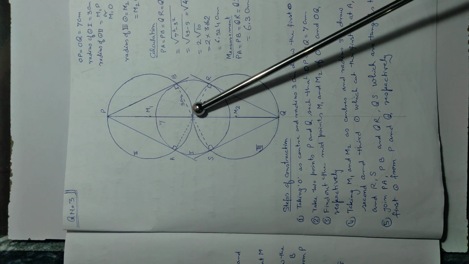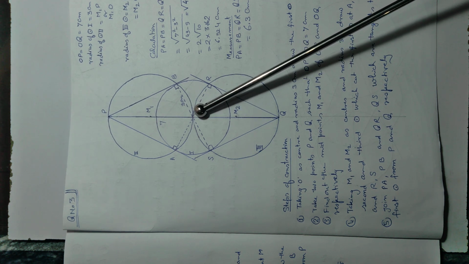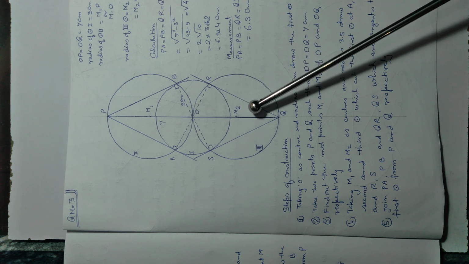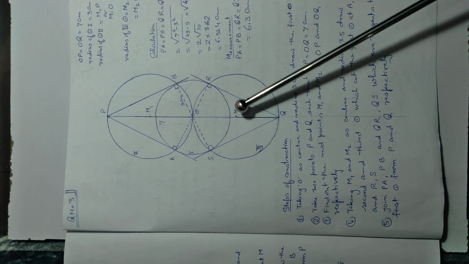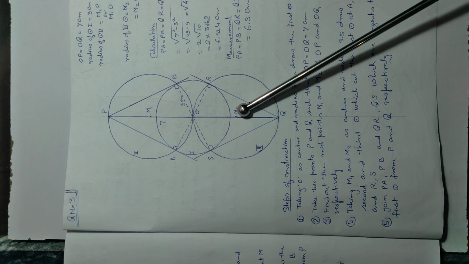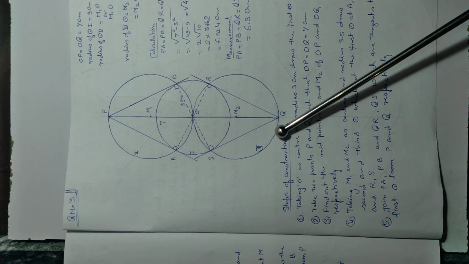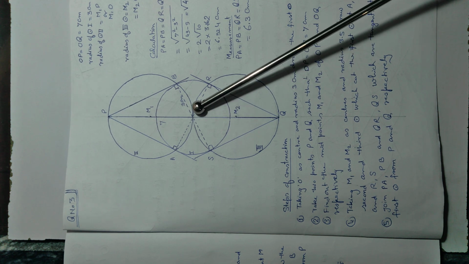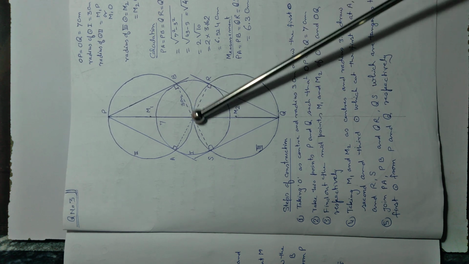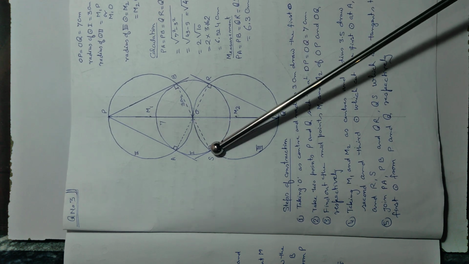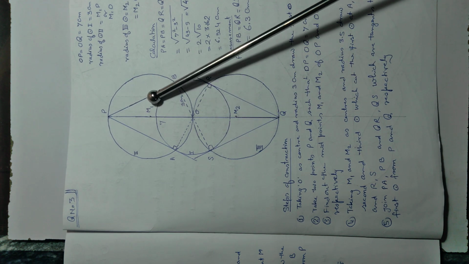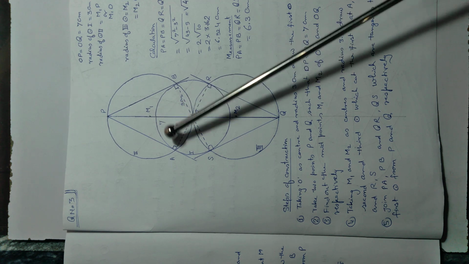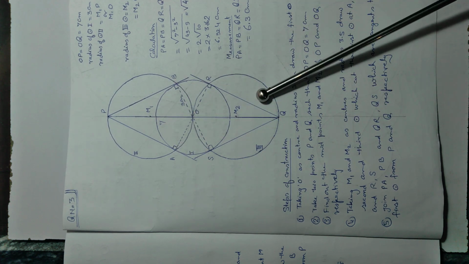And same, taking the diameter OQ, find out the midpoint of it. M2 is the midpoint, so draw a circle taking the radius equal to M2O or M2Q, which cuts the circle at S and R. Here the circle drawn from the center M1 cuts the first circle at A and B.